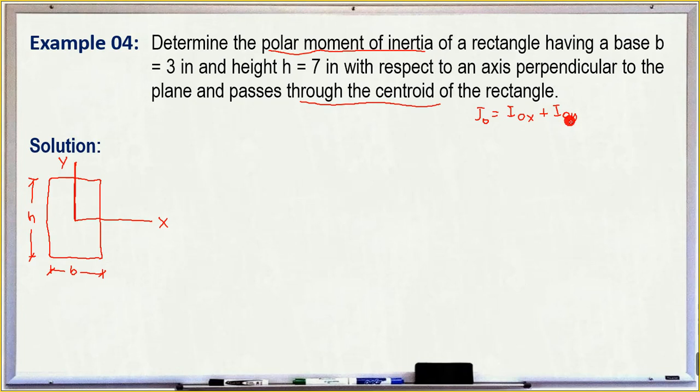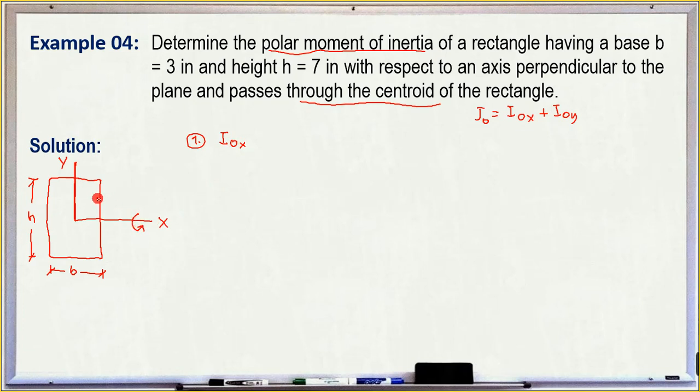So first, let's start with IOX. We can use integration here. Since we are finding IOX, the axis is the x-axis, so the figure tends to rotate along this axis.